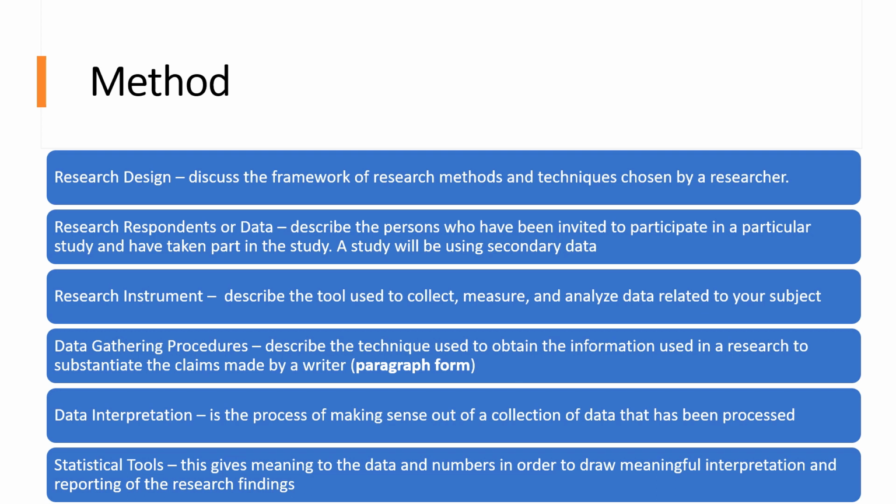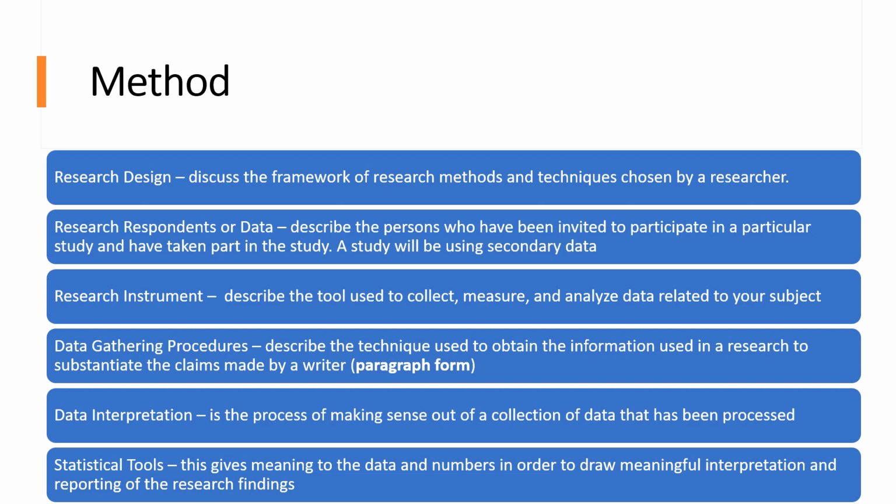Okay. Then after that, the data gathering procedures, which describe the techniques used to obtain the information used in a research. So it must be in paragraph form, not bullet form. Then after that, if you have a data interpretation table, you can include that one.